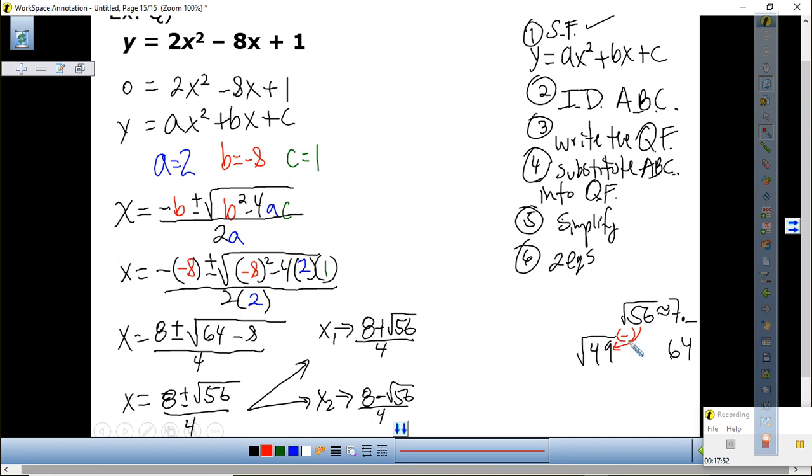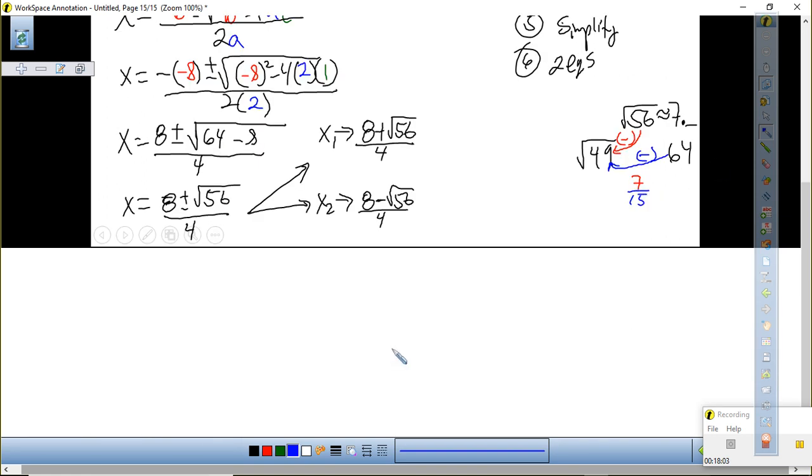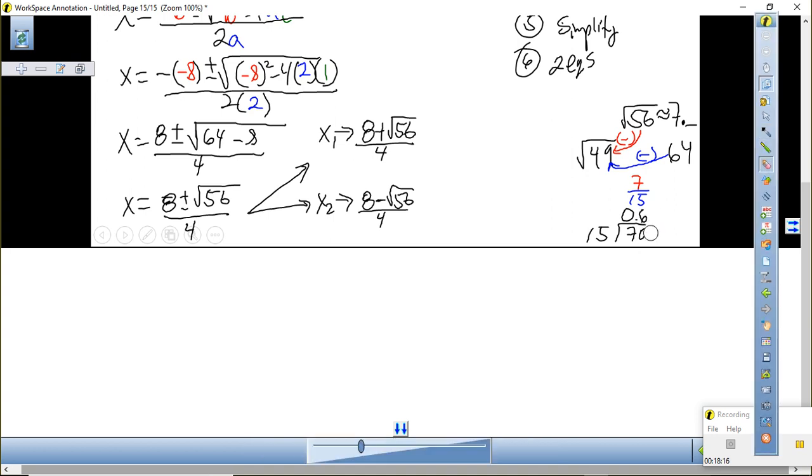Let's see. 56 minus 49 is 7. What is 64 minus 49? 15. Okay. Do we know how to get a decimal out of 7/15? Yes. 7 divided by 15 does not fit in there. Add a 0. Fits in there 4 times. 4 times, that's 60.